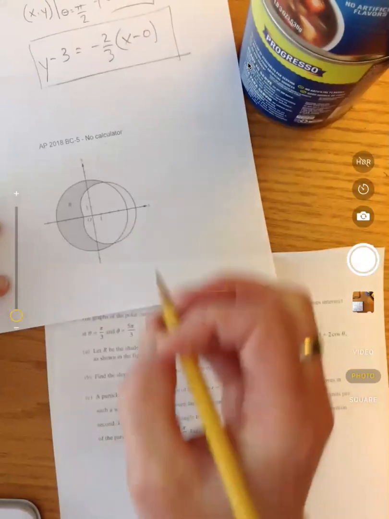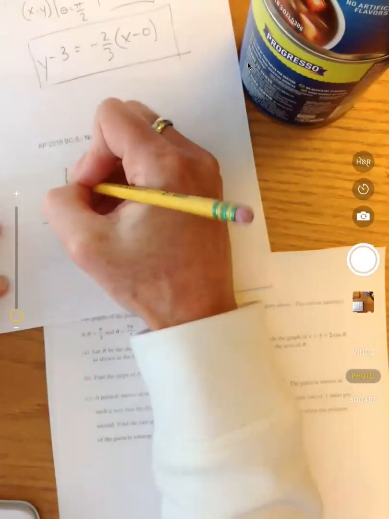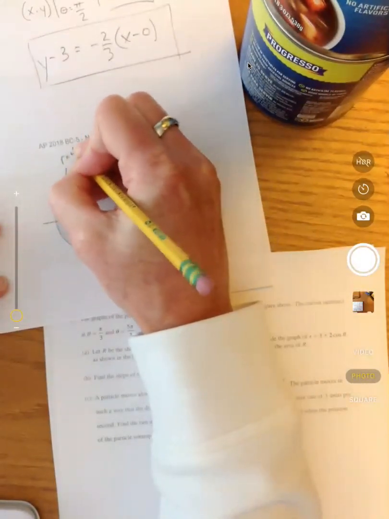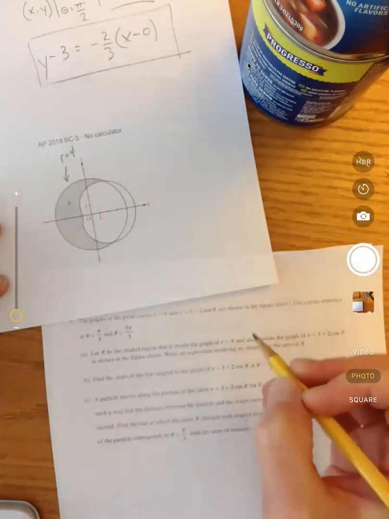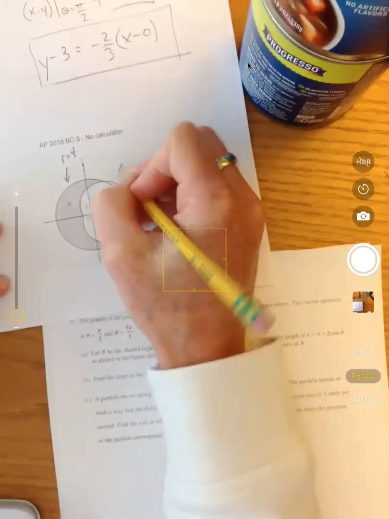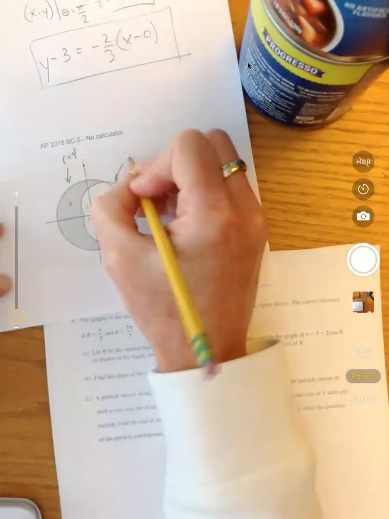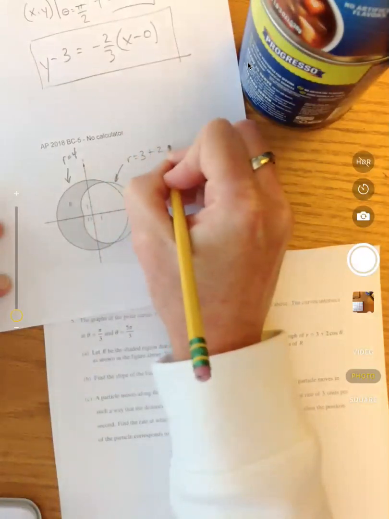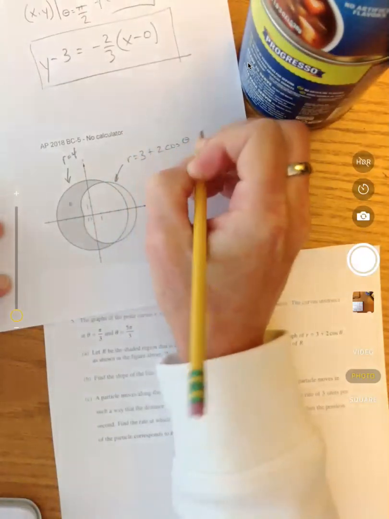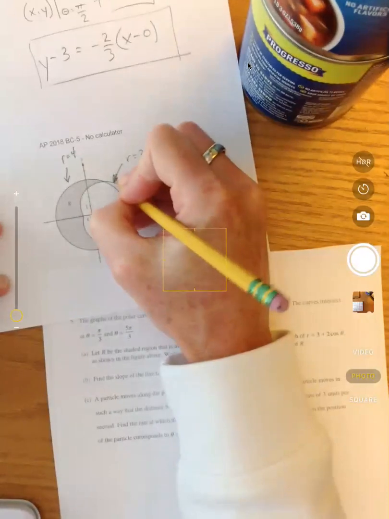A circle. That's the circle, right. So that's this one. That's r equals 4. I'm going to label it. And then obviously the other one must be this cardioid, 3 plus 2 cos theta. Well, it's almost exactly like the one I did before, 3 minus 2 cosine theta. So 3 plus 2 cos theta. That's my cardioid there.